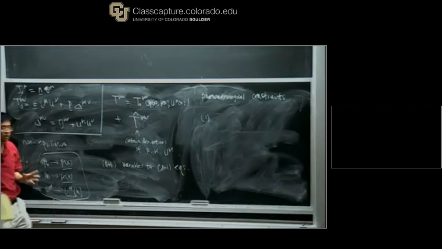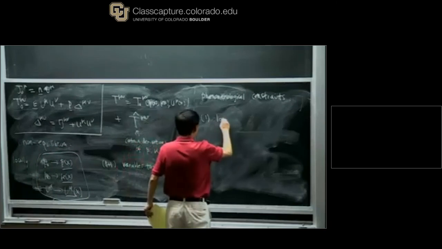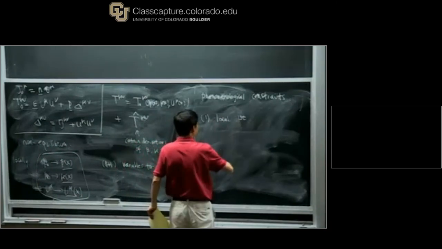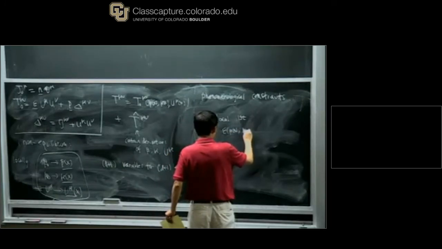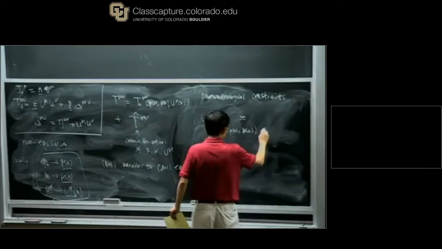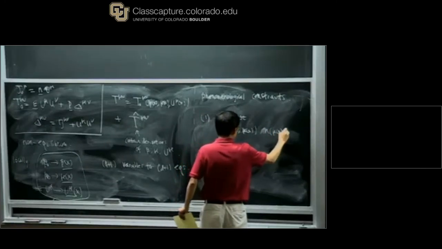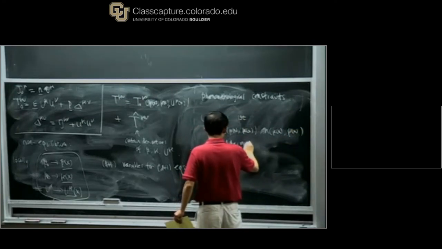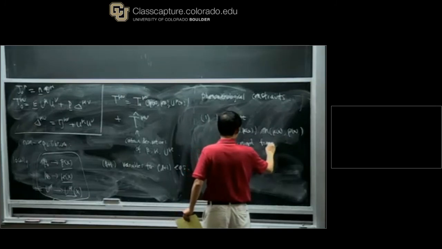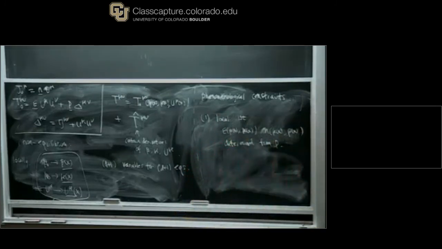That means we are assuming some kind of local version of the first law: epsilon(beta(x), mu(x)) and n are determined from p. This is the first phenomenological constraint you have to impose, because if you just do a naive derivative expansion, there is no reason to impose such a constraint. So you have to impose the local first law.